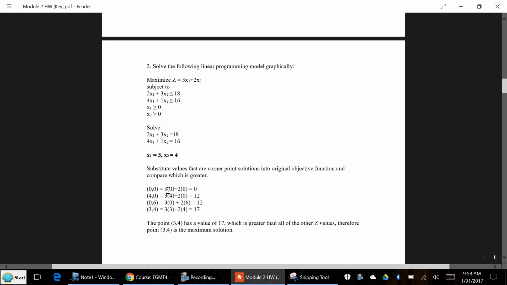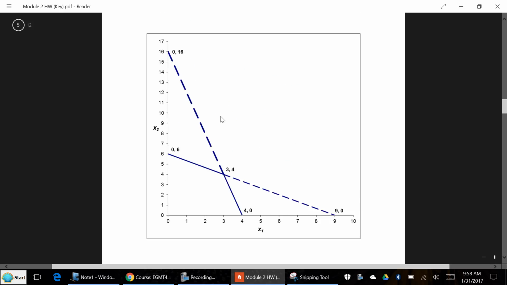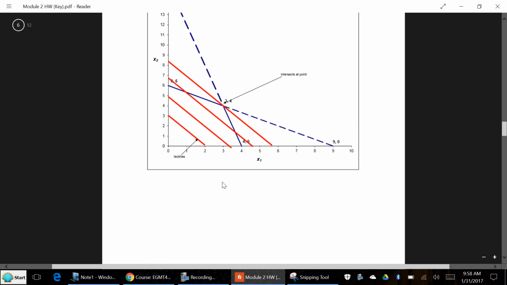Now, instead of subbing them into 2x1 plus 3x2, I'm substituting them into 3x1 plus 2x2, and I get different values they're evaluated at. And so I find now that 3, 4 gives me the highest value. So if I go down here and I look, this stays exactly the same. Nothing has changed. But now 3, 4 gives me the maximum value, gives me a value of 17.